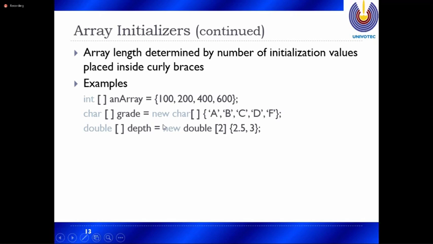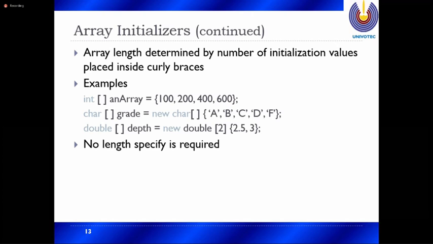But if you give another number, if we add one more number here, it exceeds the number of index. No, length specification is not required, but if you specify, then you have to give values for that number of elements.